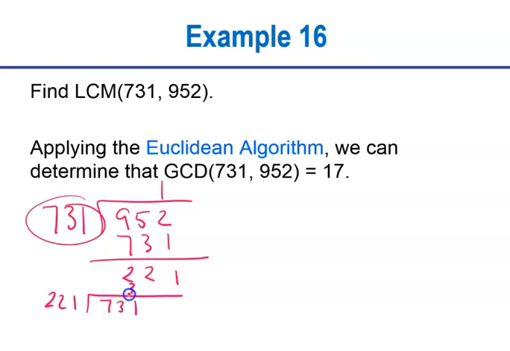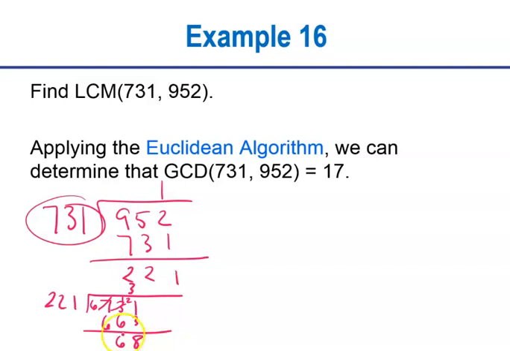I would argue 3 times, because 3 times 221 is going to give me 663, and then I subtract. We could say 11 minus 3 is 8, and we borrowed right here, and we're going to have to borrow again. Remember, we're going to trade is what we call that. And then 12 minus 6 is 6.